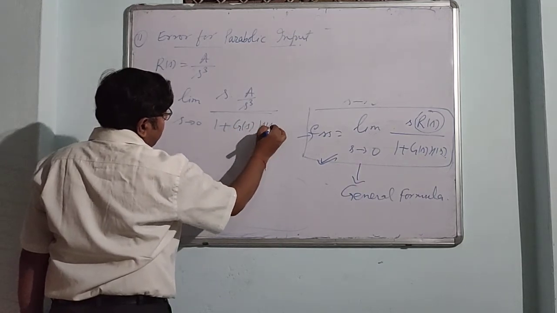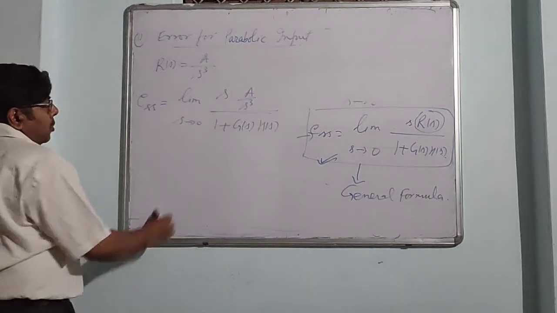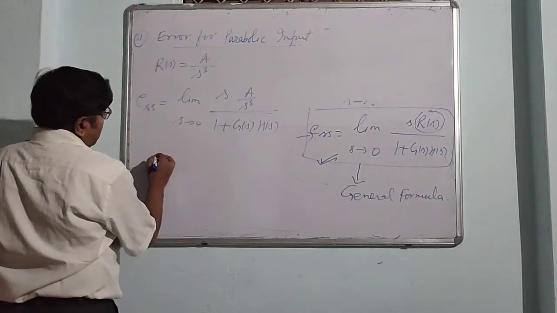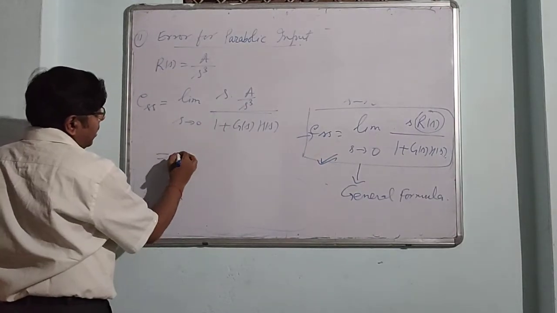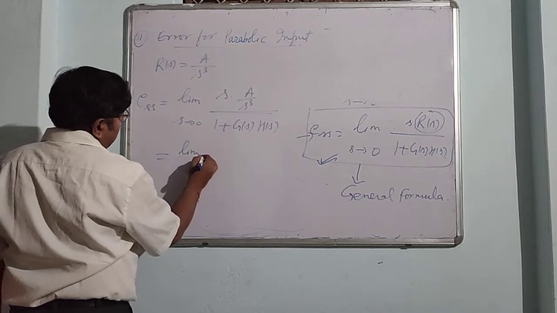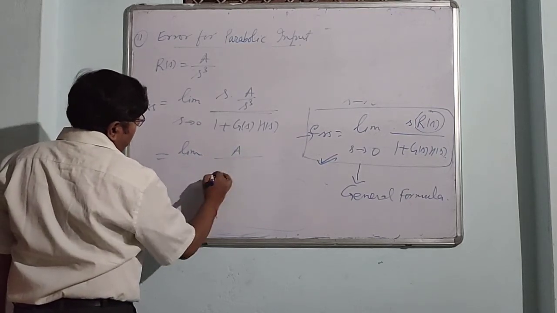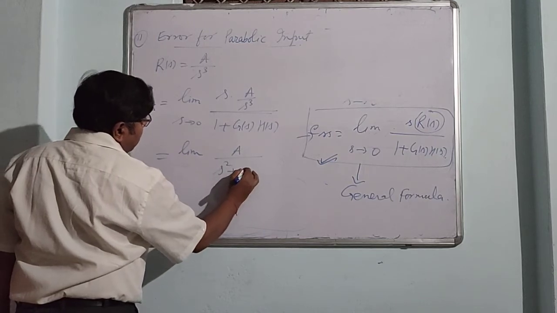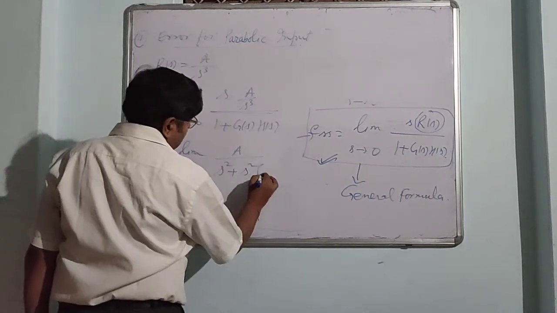The general expression is the same for all types. One power of s is cancelled here. You can write this as the limiting value of A upon s squared plus s squared G(s)H(s).